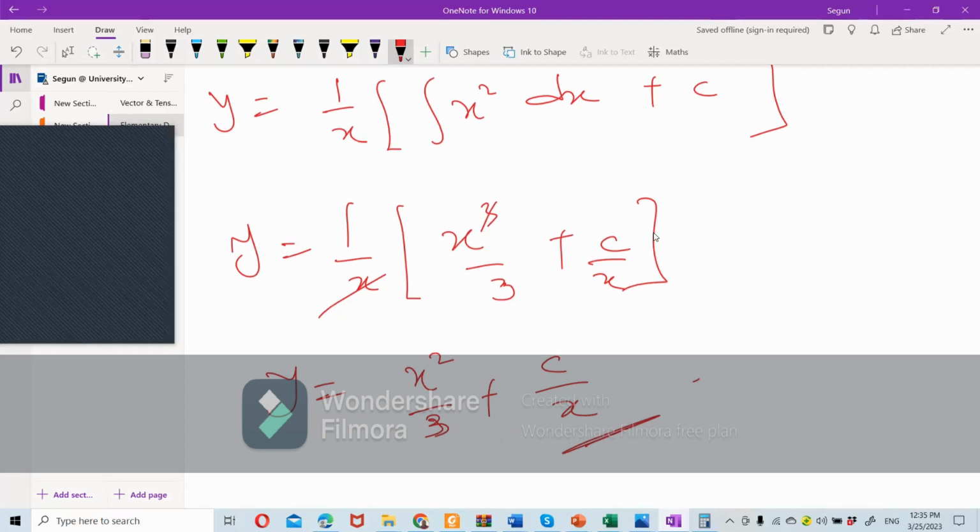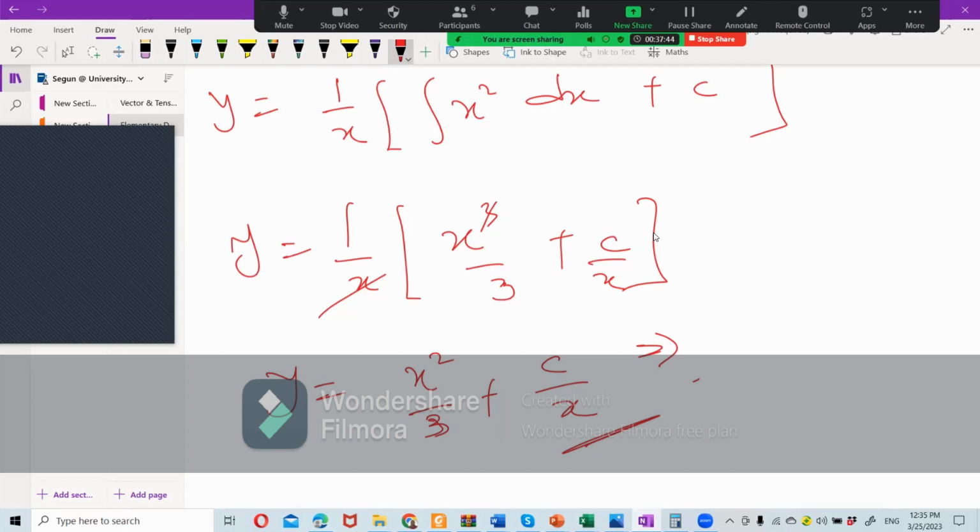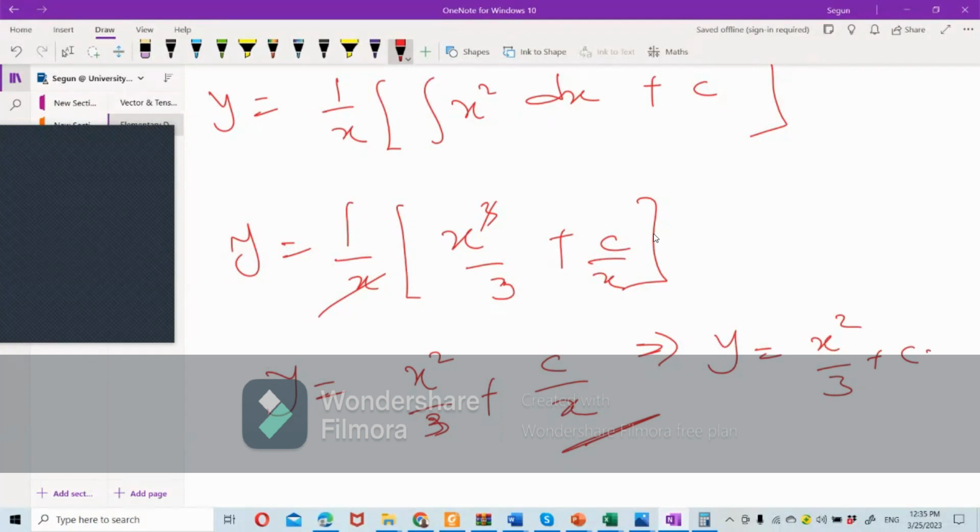You can also write it in this form. You can write it in this form. y equals to x squared over 3 plus c x to the power of minus 1. This is the solution. Any question?